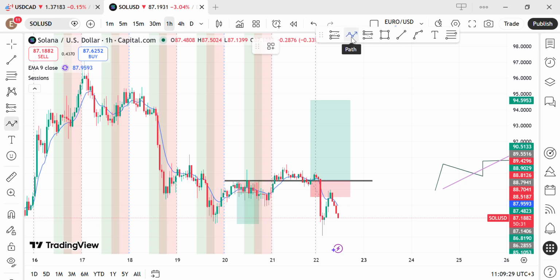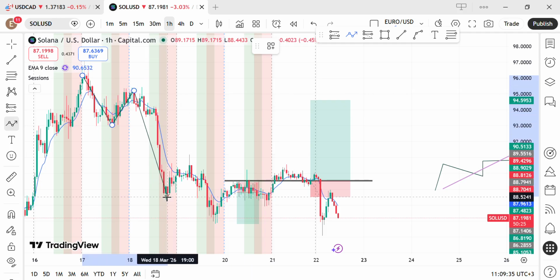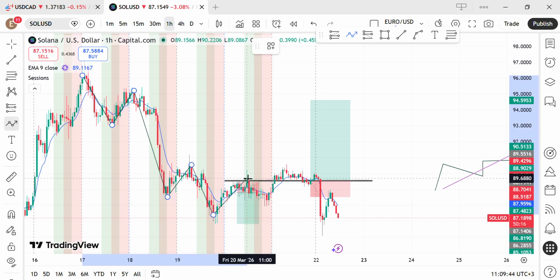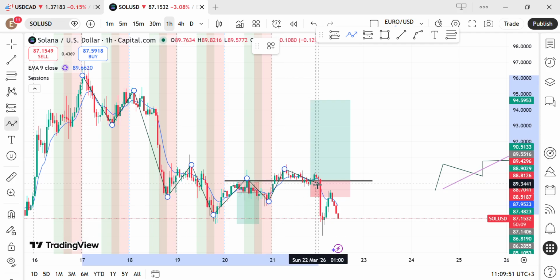Okay, look at this. A high, lower high, lower low, lower high, lower low, lower high, lower low, lower high, higher low, higher high, then price breaks lower low, lower high.